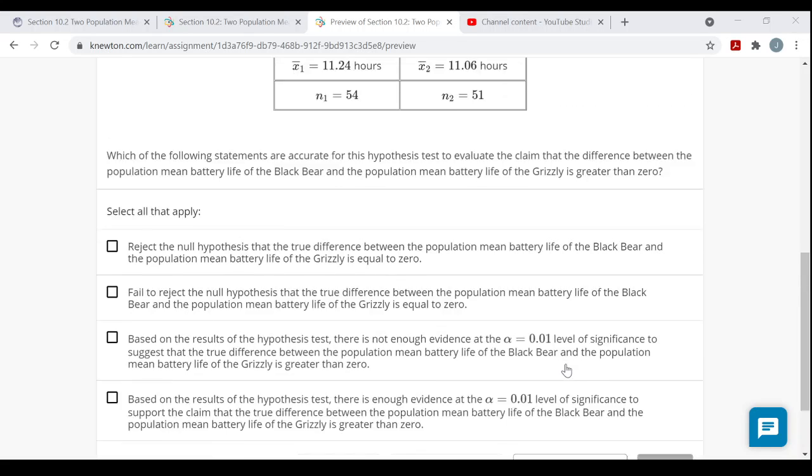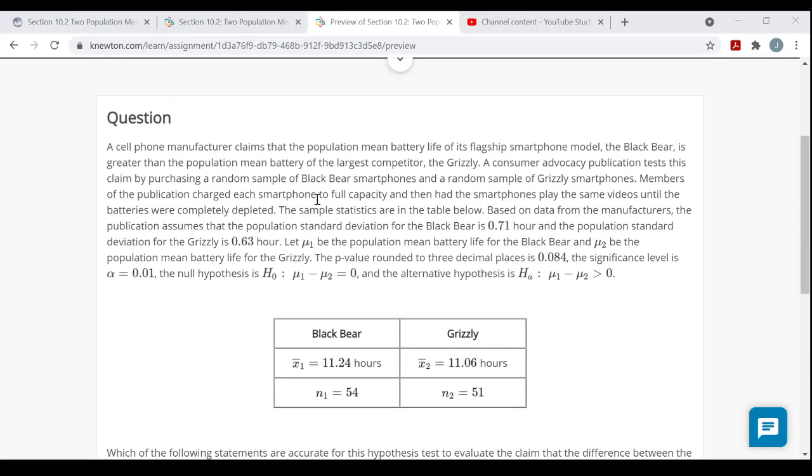Hopefully those help you. Here, a cell phone manufacturer claims that the population mean battery life of its flagship smartphone model, the BlackBerry, is greater than the population mean battery life of the largest competitor, the Grizzly.